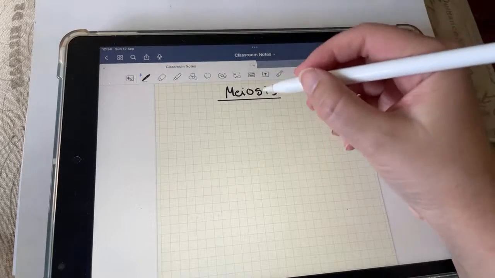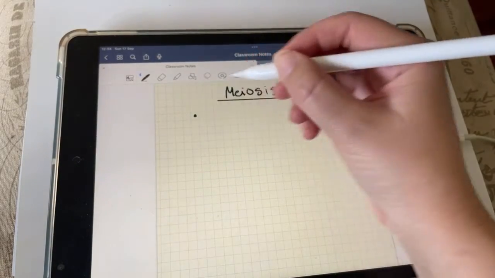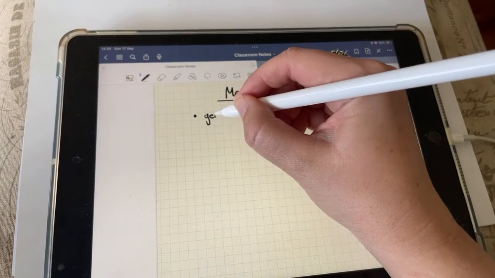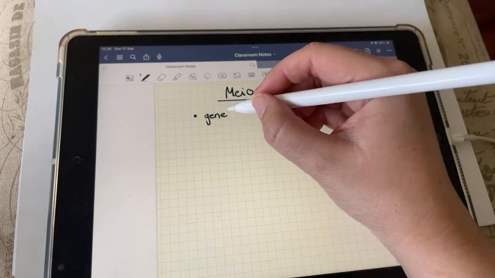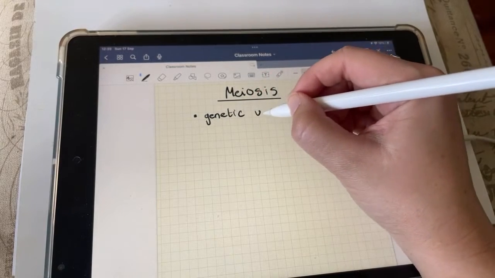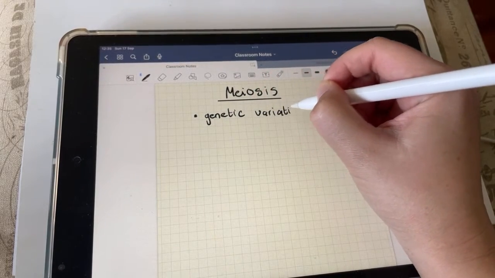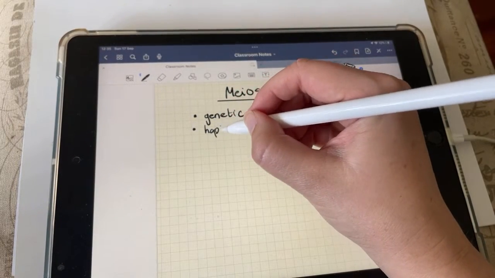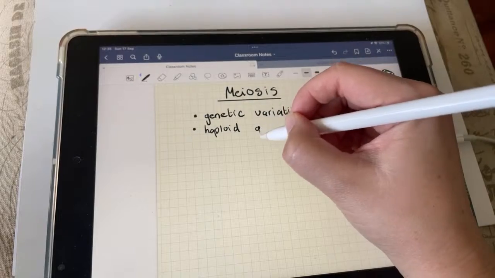So first of all, what is the purpose of meiosis? There's a couple of purposes that we need to go through. We need to know that meiosis is linked to genetic variation. We also need to know that meiosis is about making haploid gametes.